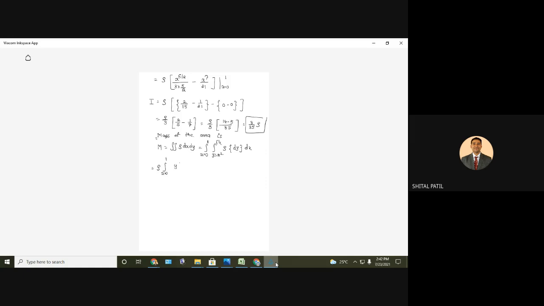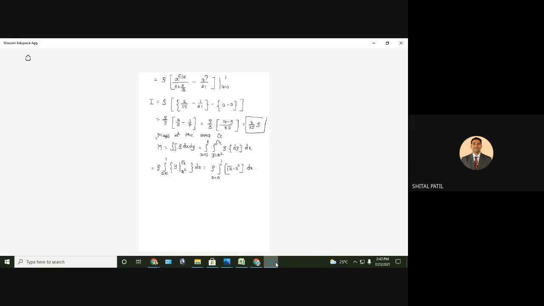Integration of dy is y, x square to root x, which is 0 to 1, root x minus x square dx.